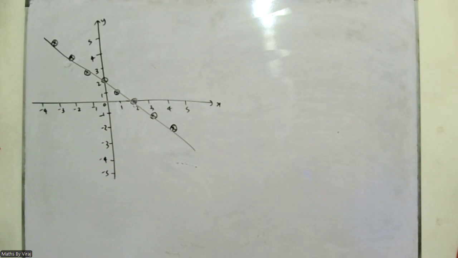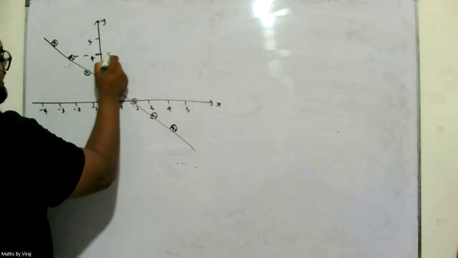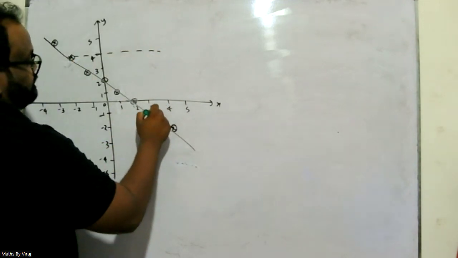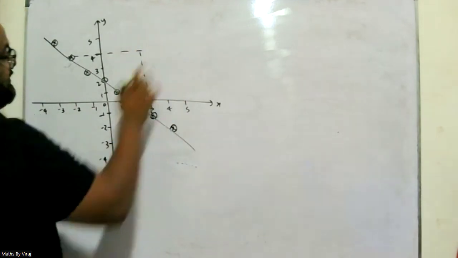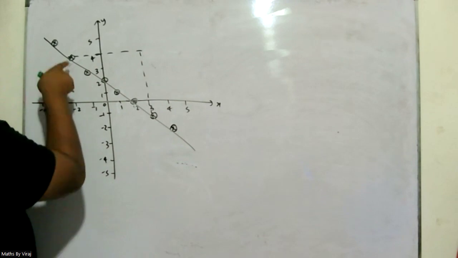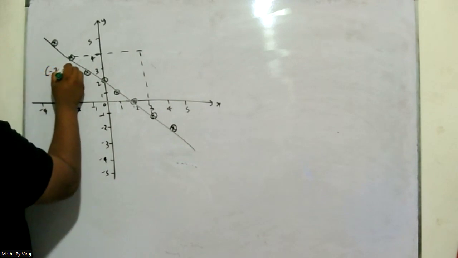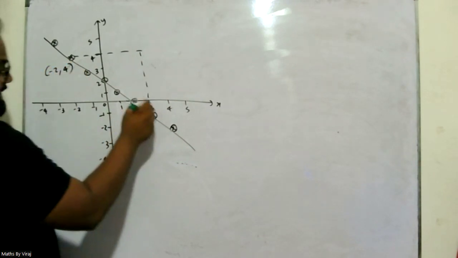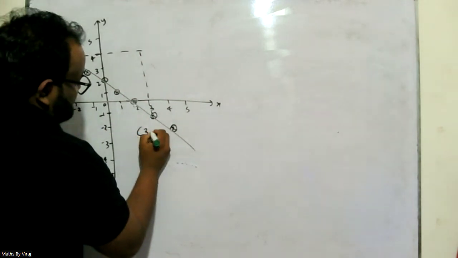Now, let's see whether the same theory can be applied for a graph that is drawn in the other direction. Let me take some random 2 points. Now here, the coordinate is minus 2, 4, and here the coordinate is 3, minus 1.